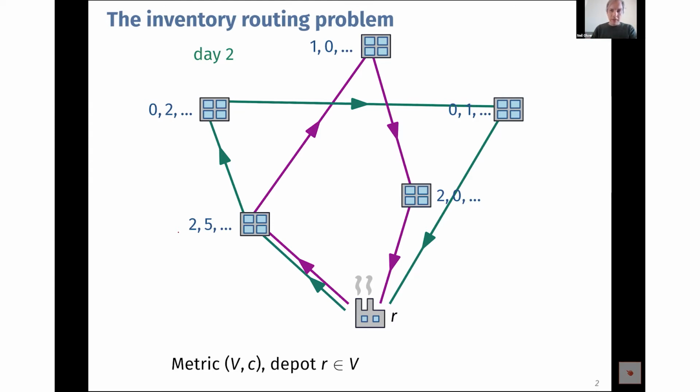So what's going to make this problem different is that we are allowed to deliver product early. Okay, so we can deliver a product that's going to be used on day 2 on day 1, but we have to pay for it.